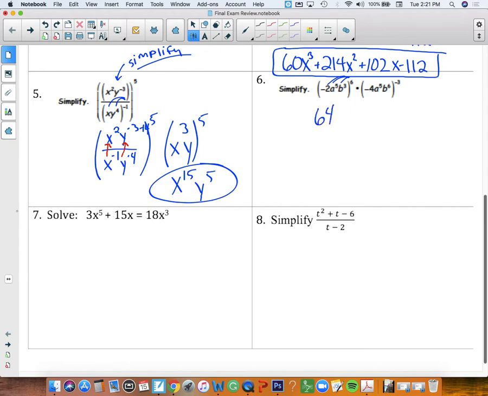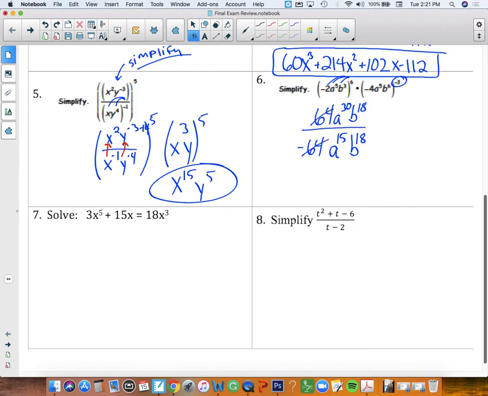So we have 64, a to the 30, b to the 18th. And then this is a negative 3, so that bounces down to the bottom in cubes. So that would be a negative 64, because negative 4 cubed is a negative 64. A to the 15th, b to the 18th.